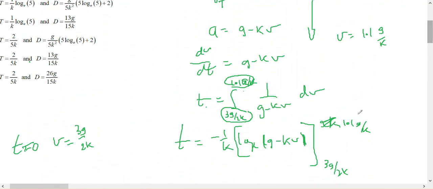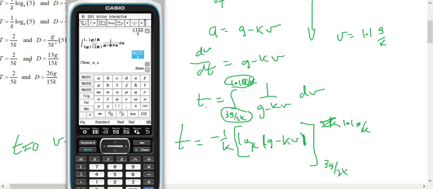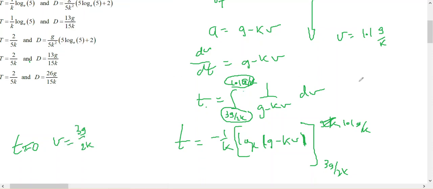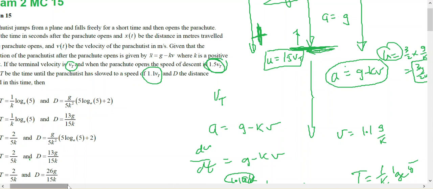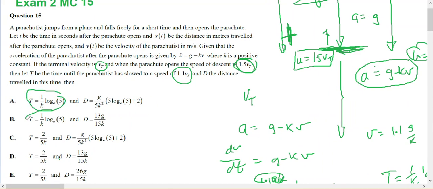What does it look like on the ClassPad? 1.1 g on k, 3g on 2k, 1 on g minus kv dv, and I get the same answer. So the time should equal 1 on k log base e of 5, which gives me two possible answers.